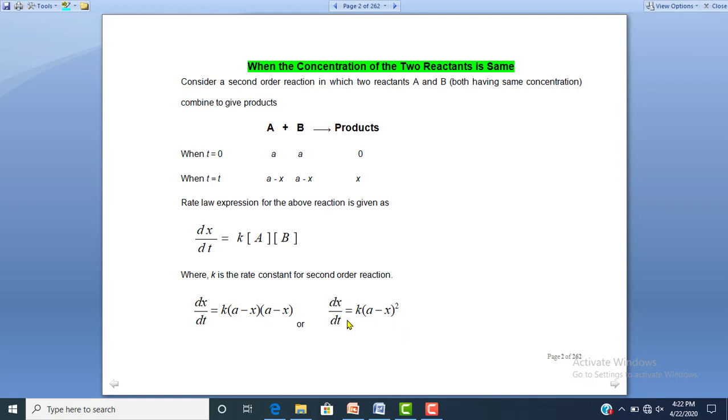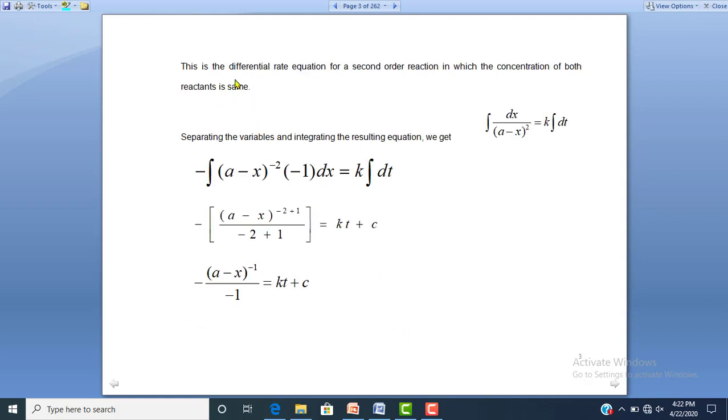This equation is a differential rate equation for the second order reaction, in which the concentration of both reactants is the same. So, for the sake of simplicity, for the determination of the rate constant, we will separate the variables.